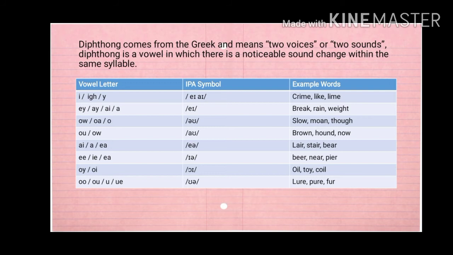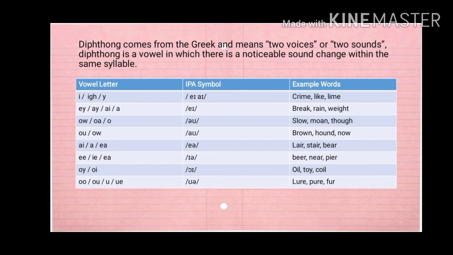And the sixth is air. This diphthong creates sound similar to air, and most often occurs with letter combination that include A. Example, beer, near, peer.